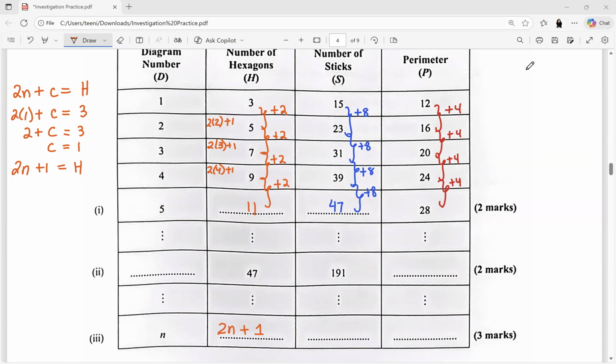Let me ask you a question. What about if n was 8? What would be the number of hexagons? Would it be 48? What's the relationship? How do you figure out the number of hexagons? N is 8. Oh, right.